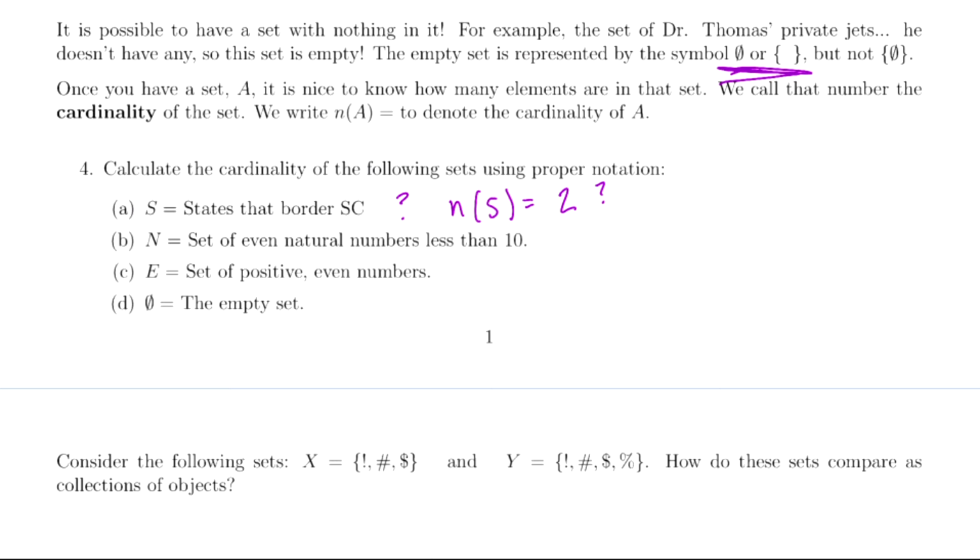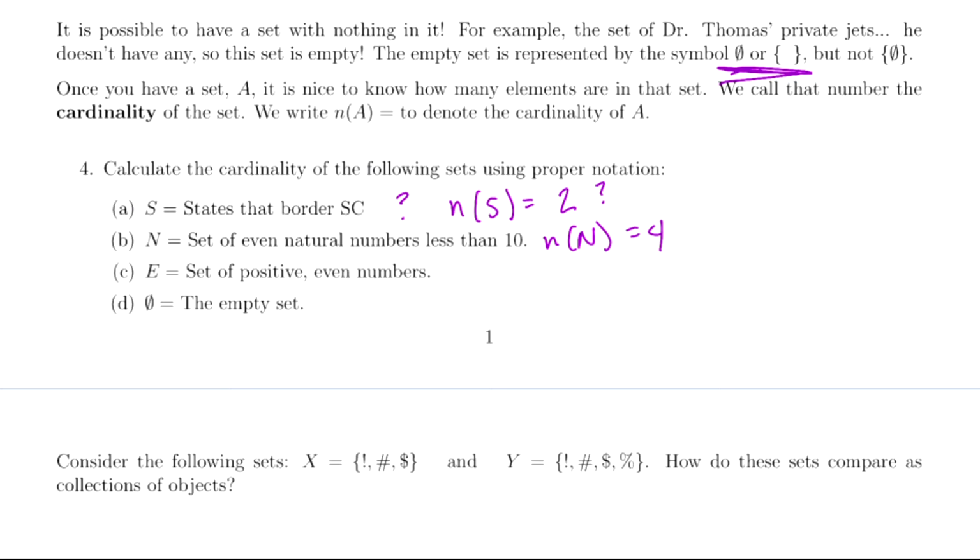Okay, and then the set of even natural numbers less than 10. So n(N), we would have natural numbers less than 10: 2, 4, 6, 8, so 4. I think that's good.